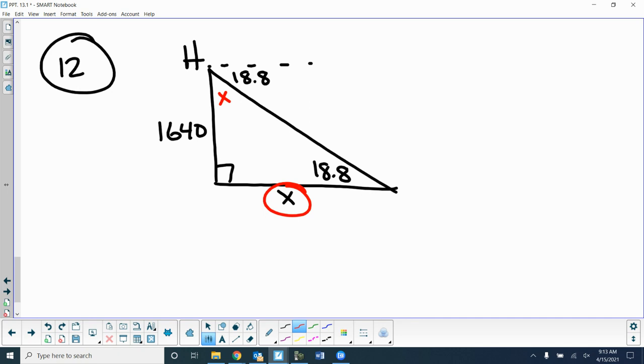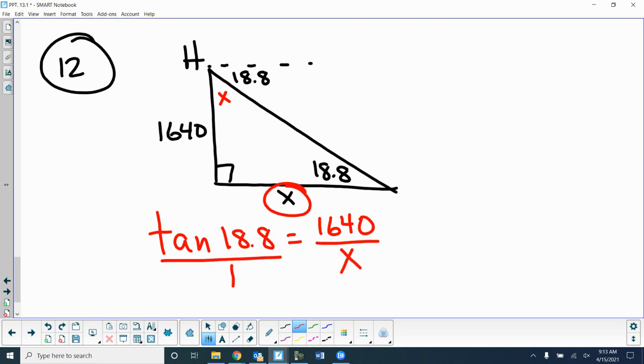Which trig function will I use? Yeah, the X is adjacent. What's the 1640? Right, so what uses opposite and adjacent? Tangent, good. So tangent of 18.8 equals opposite over adjacent.